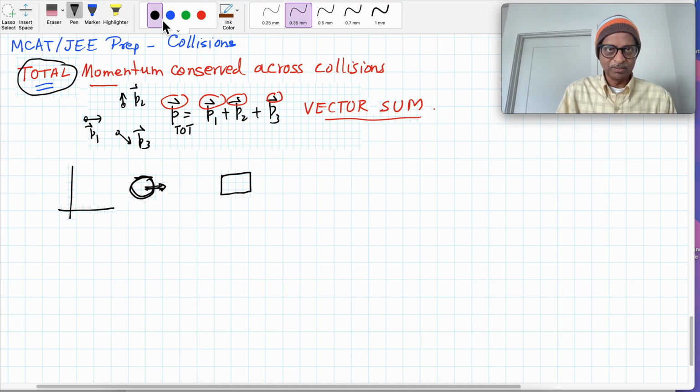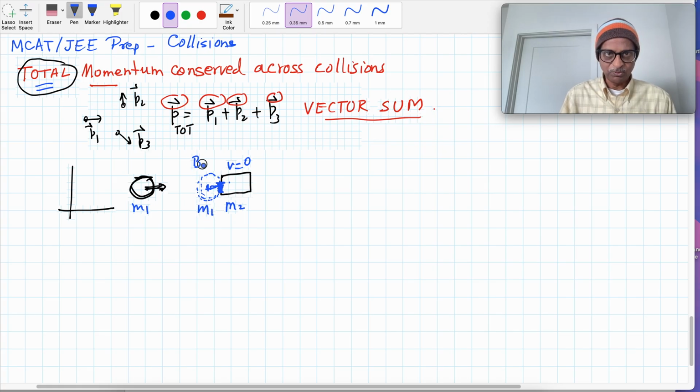So thinking about this, say this is V at 0, this is M2 and this is M1, and just before the collision, it's going that way. It's going to come and hit, and there will be forces between them.